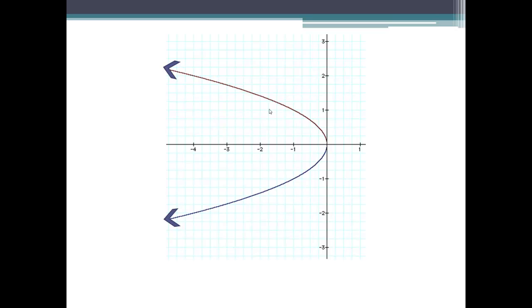All right, here's a parabola opening to the left. So what's going to happen with this? Well, we have arrows on the left, but we do have a stopping point on the right. So let's go ahead and draw a line on the right. Okay, you try to fill in the domain on this one.